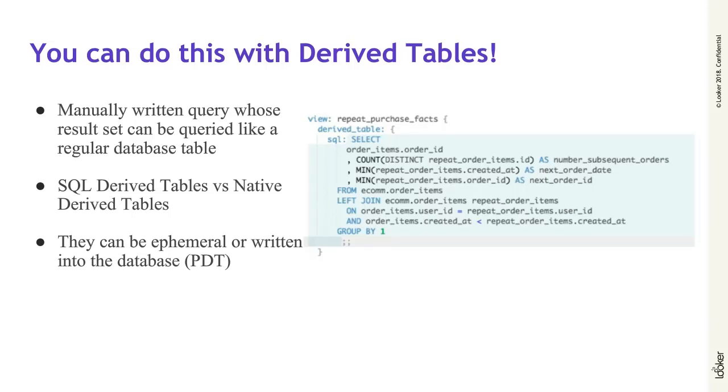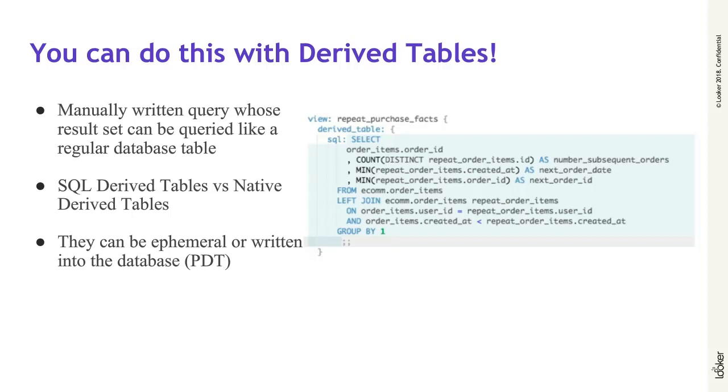And then the third note on here is that both of these types of derived tables can either be ephemeral, meaning they do not actually get written to the database. The query that sits within the derived table will get processed in real time as we call out fields in the Explore from our derived tables.